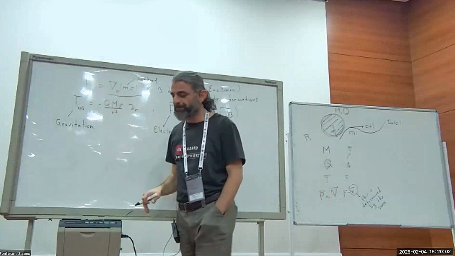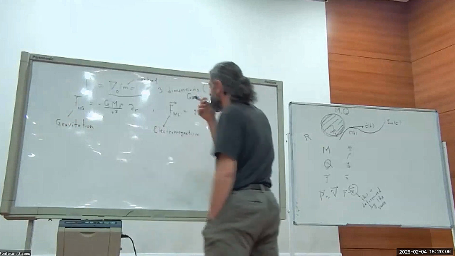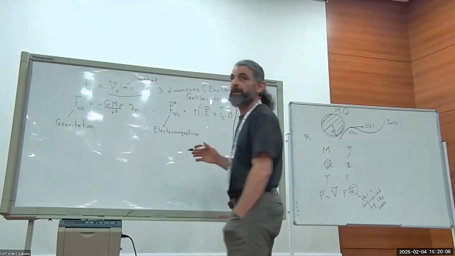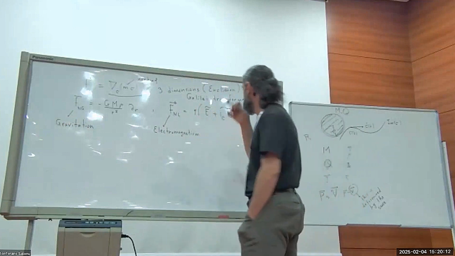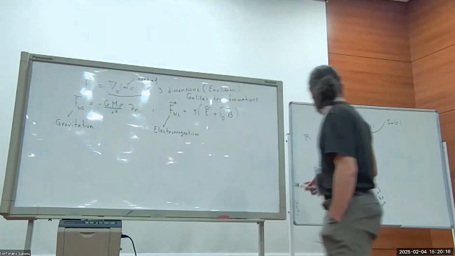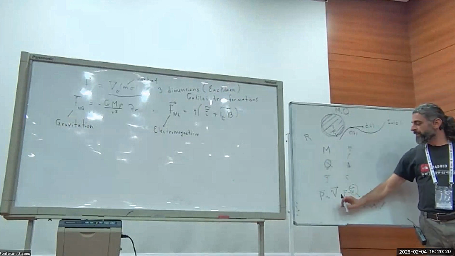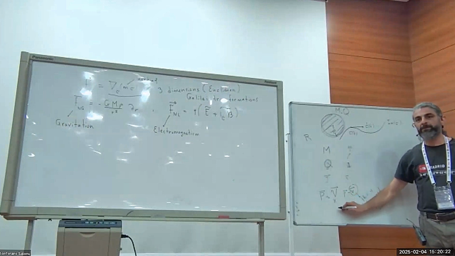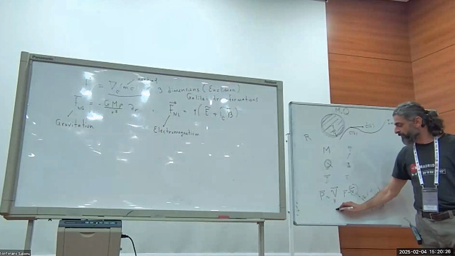Let me extract it a little bit more. Okay. You know that, let's say the source has no momentum, so its velocity in an inertial frame is 0.